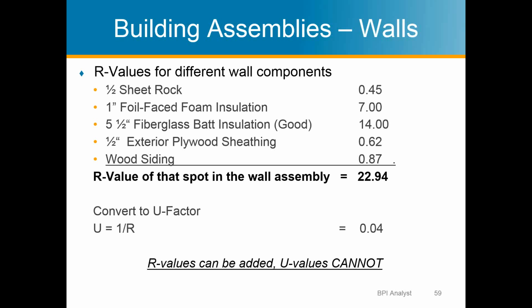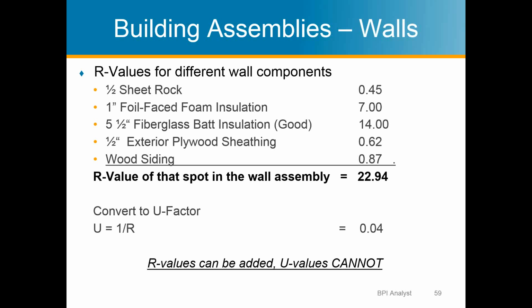This has a foil face foam insulation of 7 per inch, right? 5.5-inch fiberglass installed in good condition should give you an R value of about 14. That's low, but let's just go with that. Half-inch exterior plywood also has an R value, and the wood siding has an R value. You can add all those up to get the R value in that spot of the wall.